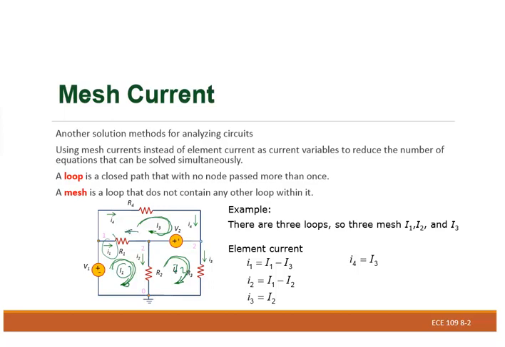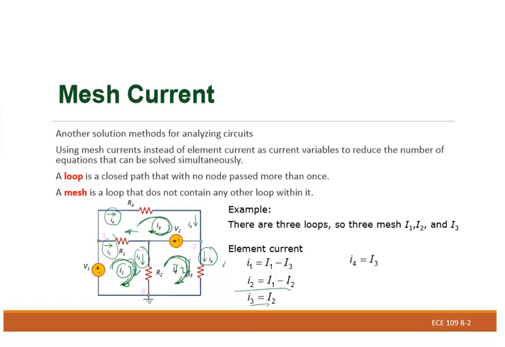Same way, if you want to find the lowercase i2 in the middle here, that will be I1 minus I2. But if you look at the i4, for example, i4 actually will be capital I3 here. I can say directly here easily. Same thing, if you're gonna find the i3, the element current, will be equal capital I2 easily. You can see same direction here.